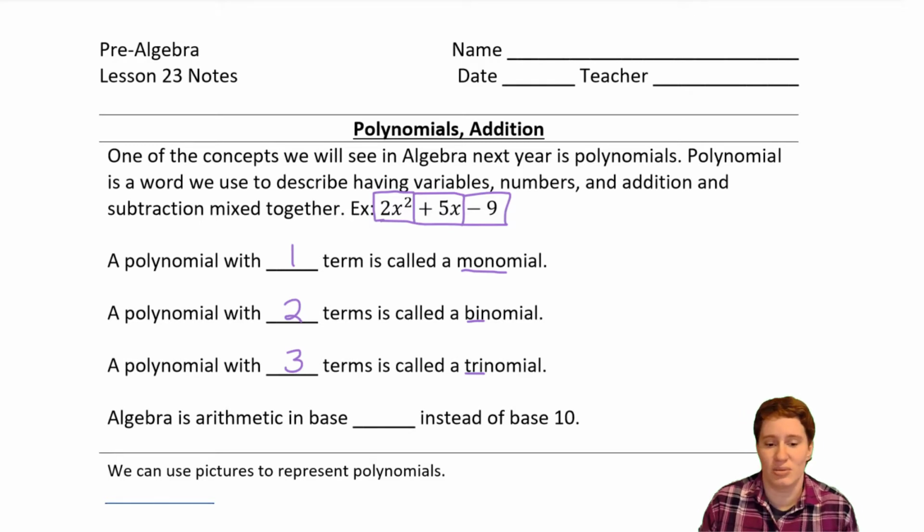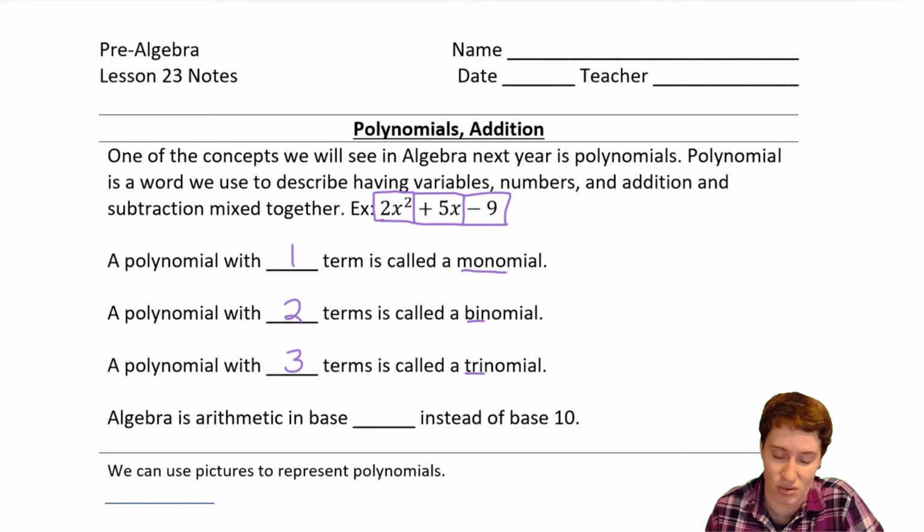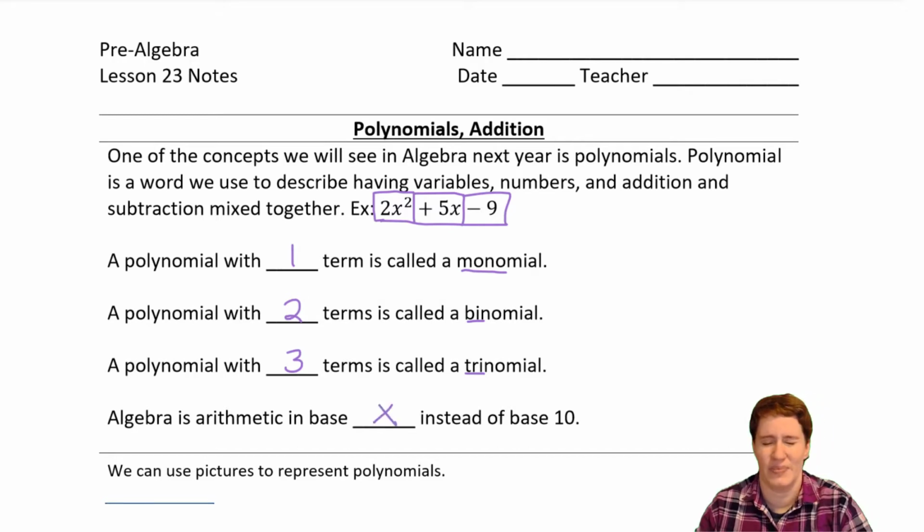And then algebra is us basically doing arithmetic like we normally do, but in base x instead of base 10. Now that's kind of weird because I don't know how much you know about base systems. We are a base 10 society because we count to 10 and then we carry.